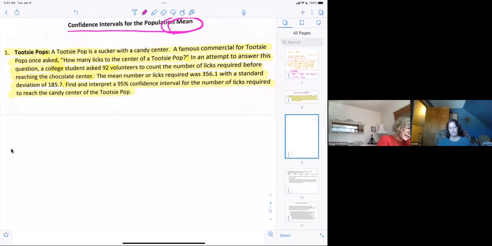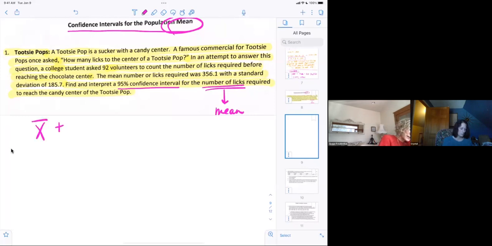It says find and interpret a 95% confidence interval for the number of licks. That's a discrete count. So if we're counting, we're probably going to be looking at a mean. It's not a proportion or a percentage. It's saying how many. So we know that we're doing a confidence interval on the mean.